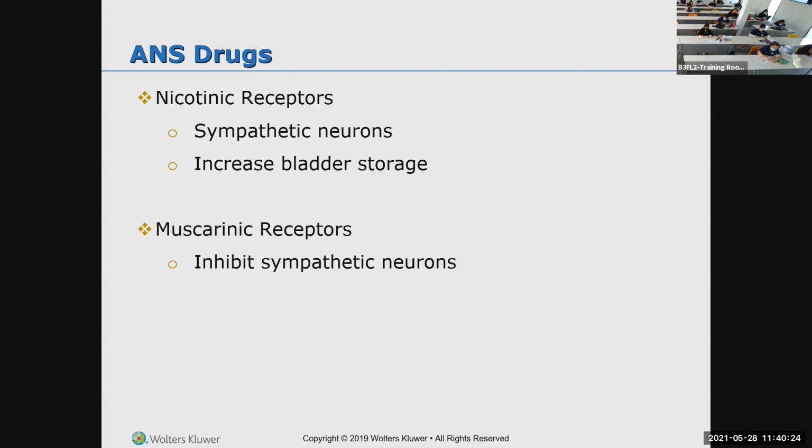Because of the sympathetic neuron stimulation, by means of nicotinic receptors, it helps to retain urine in the bladder, increase bladder storage. Muscarinic receptors inhibit sympathetic neuron. So we do have nicotinic receptors and muscarinic receptors, which inhibit my sympathetic stimulation.